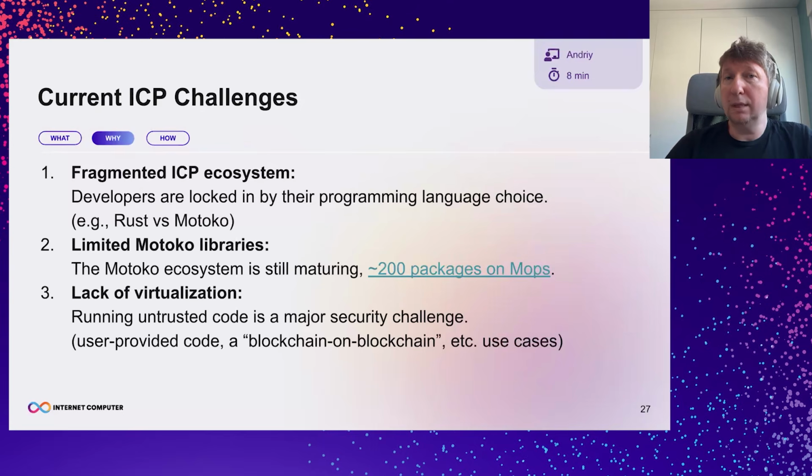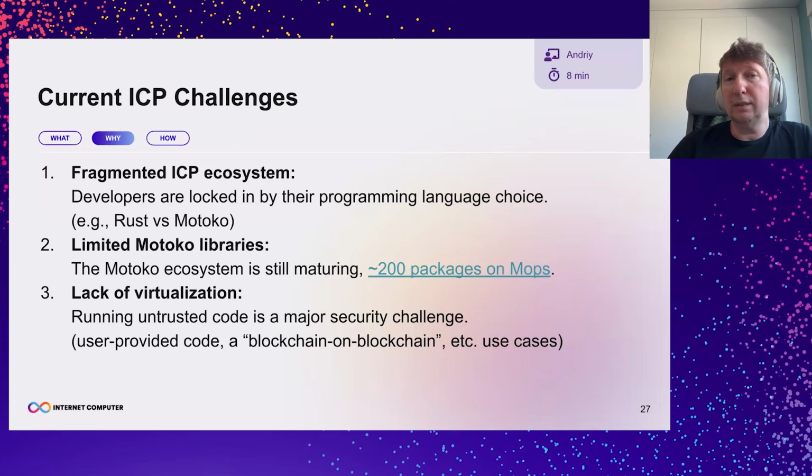Let's talk about some challenges in the ICP ecosystem. First, choosing between Rust for its variety of libraries, books and tutorials, or Motoko for its simplicity and native Candid support is a binding decision. It locks developers into a specific language ecosystem, sometimes limiting their access to libraries and ICP functionality.